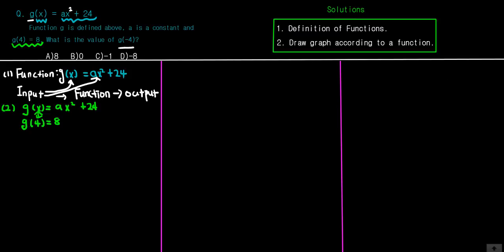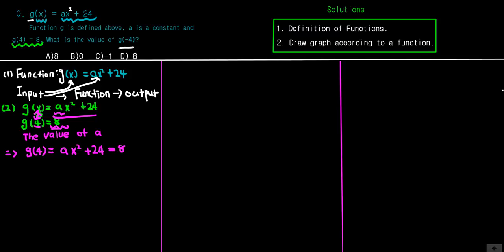And here all we have to do at first is find the value of a, which is the coefficient of the x term. We know that g of x is equal to ax squared plus 24, and if we input 4 into x, it gives us 8, which means we can write g of 4 is equal to ax squared plus 24, and that should be equal to 8.